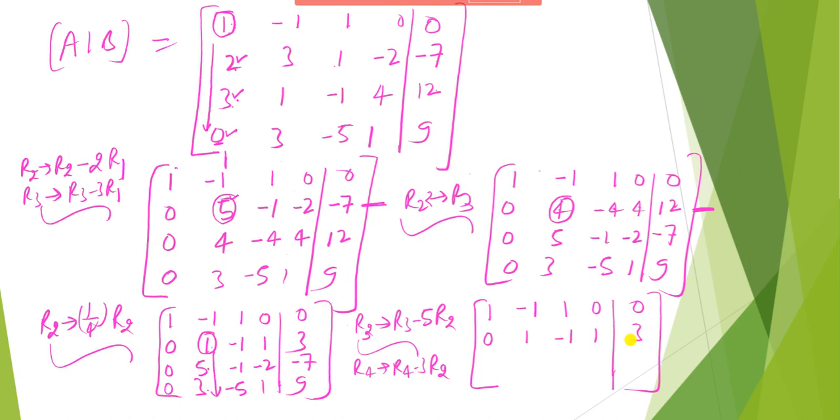So in the third row, 5 times of R2 subtracted from R3, this row becomes 0, 0, 4, -7, -22, and the change in R4, that is 3 times of R2 subtracted from R4, then the reduced row is 0, 0, -2, -2, 0.